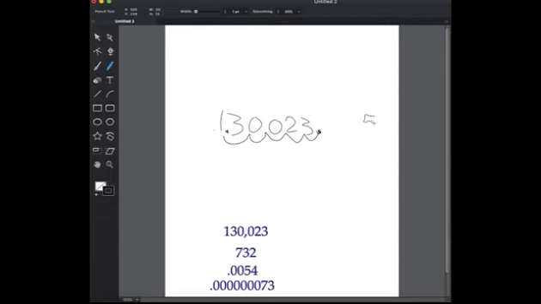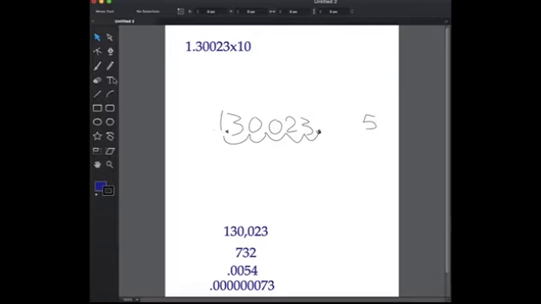So that's key, 5. So what we do is at the top, we now write our new number. It would be 1.30023 times 10, okay? And what would our exponent be? 5, because we moved 5 places towards the left to get a scientific notation.